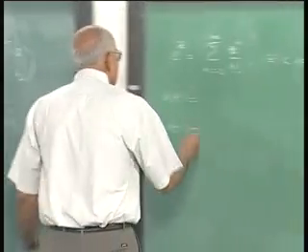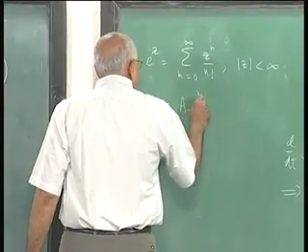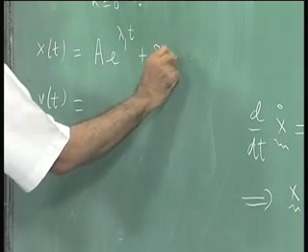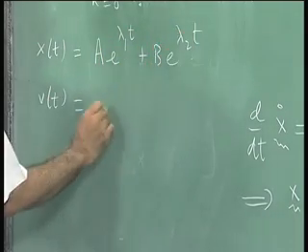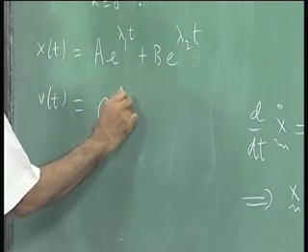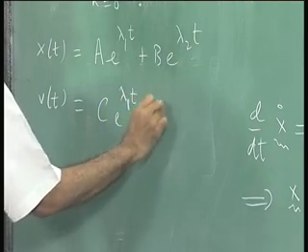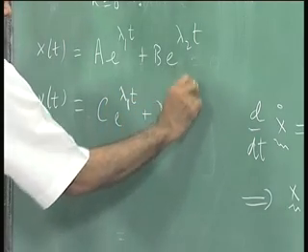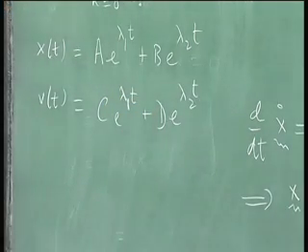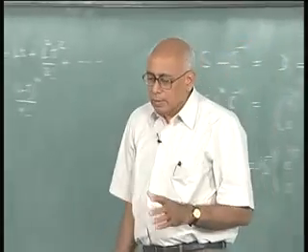So for example in general this would look like some a e to the lambda 1 t plus b e to the lambda 2 t. This would look like this, where the constants a, b, c, d would depend on x of 0 and v of 0 and some numerical factors.